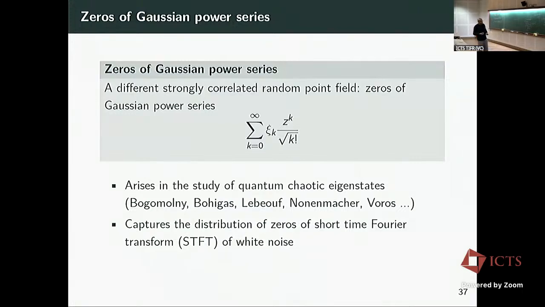So this means that if you look at the zeros of the STFT of pure noise, they will basically look like a very homogeneous spatial distribution like this. It's almost like you take a grid and you noise the points a little bit, and that's what you will get.